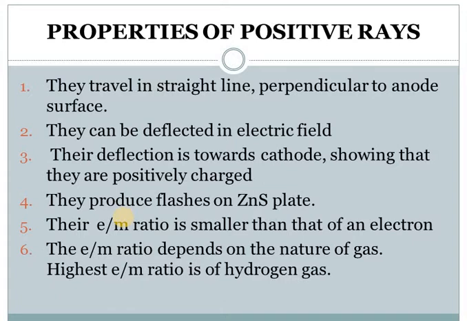Third point is, their deflection is towards the cathode, showing that they are positively charged particles. Fourth is, they produce flashes on a zinc sulfide plate. Suppose the discharge tube which you have produces cathode rays as well as these positive rays. When they move towards the opposite electrodes, they go and hit them and are attracted towards them.